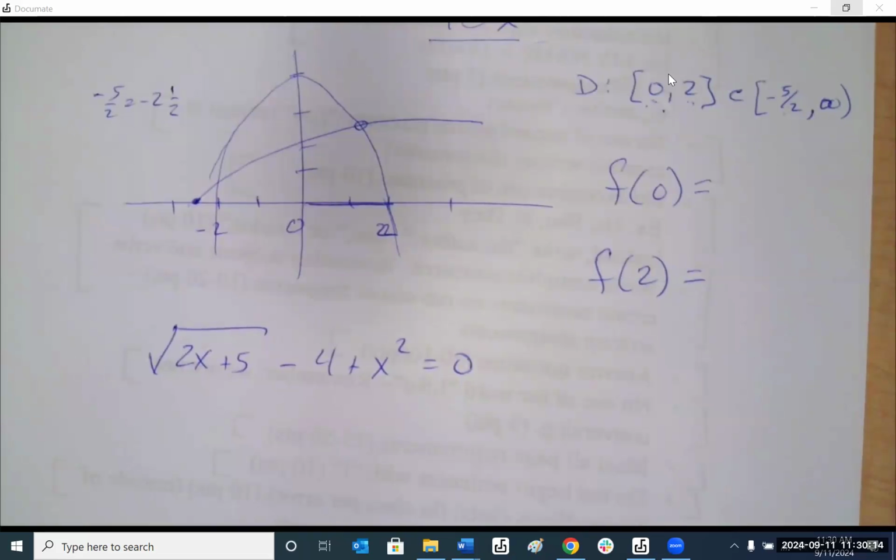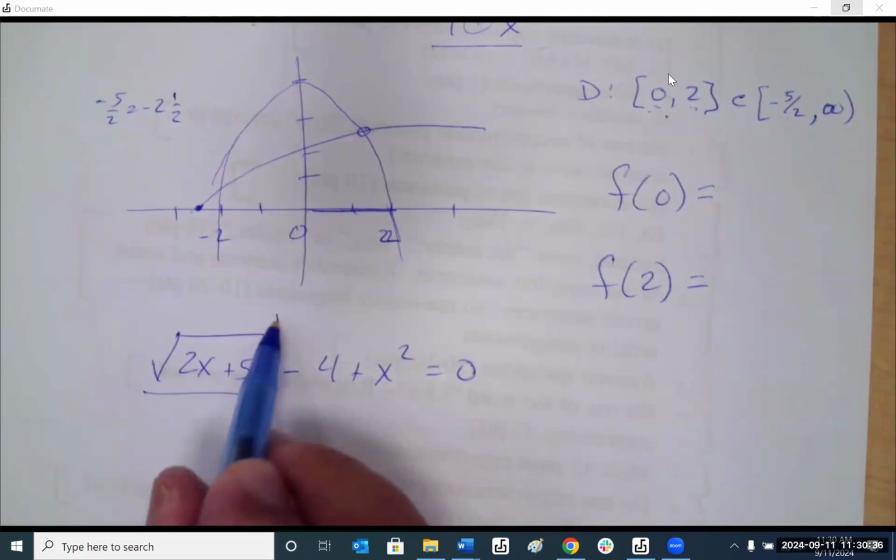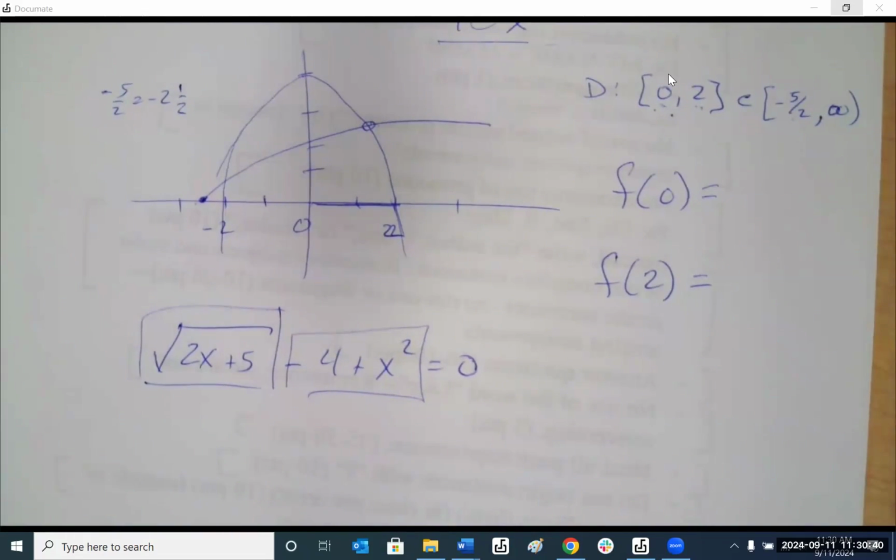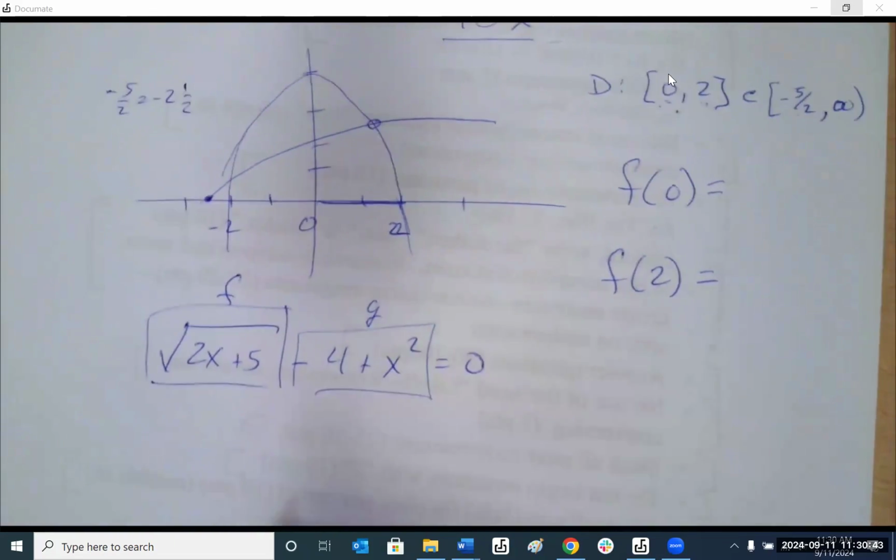Plug them in there. Which one of these is my f? Which one of these is my g? Right, because that's the outer function.